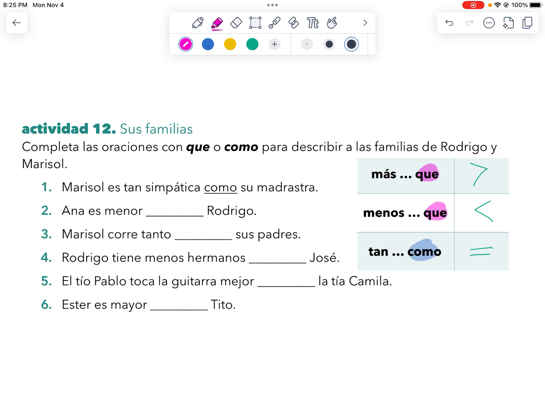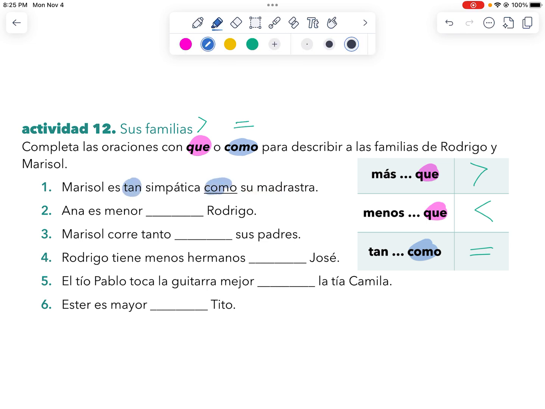So que, again, is with our irregulars, más que o menos que. Y como es cuando son iguales. Aquí. Marisol es tan simpática como su madrastra. She is as nice as her stepmom.